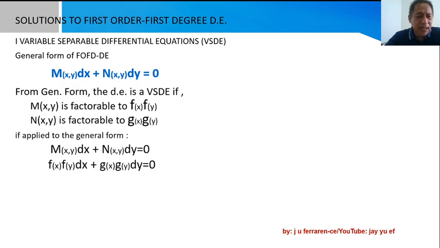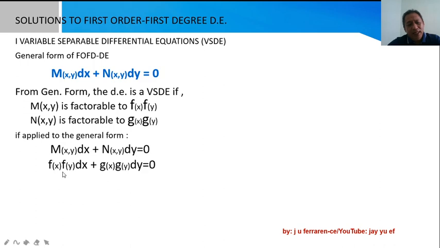So if we apply that to the given DE, and I'm writing my DE in a factored form, I can easily separate my variables. If I look at the variable involved in my differential, this is x. So in order to integrate later, the coefficient of your dx must be a function that is purely x.